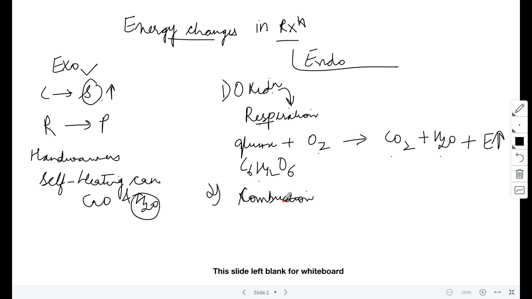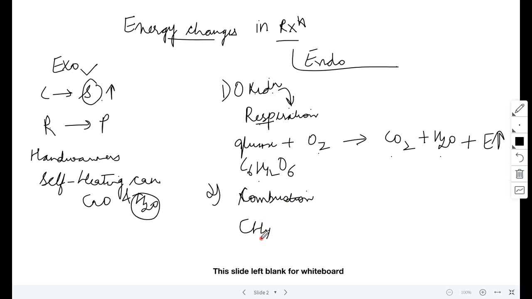These combustion reactions take place when the substance reacts with the oxygen again. It is in the presence of oxygen only. But the thing is that they catch fire. Now let me give you an example of a fuel burning, that is, methane.